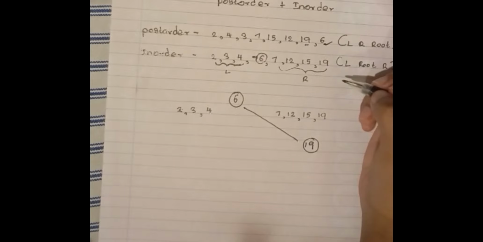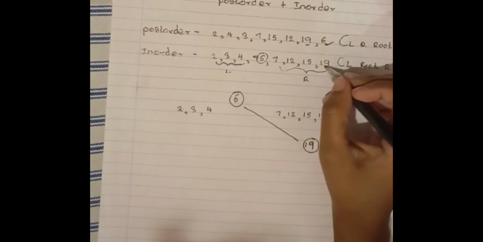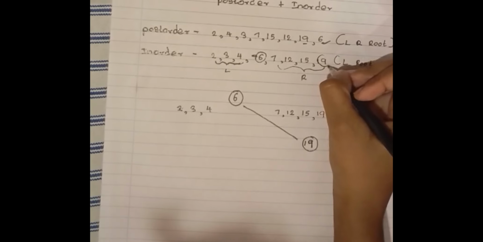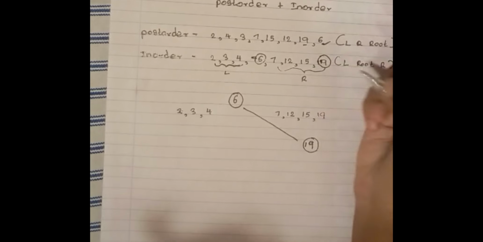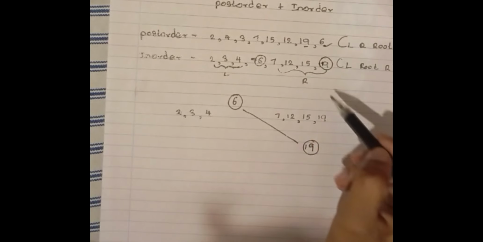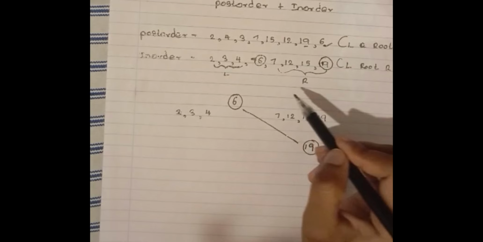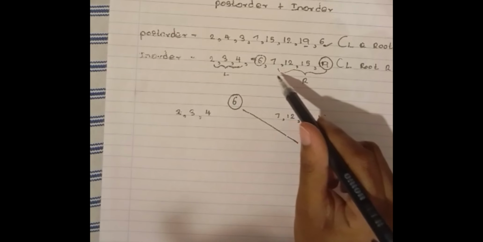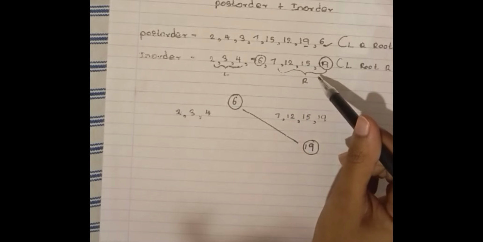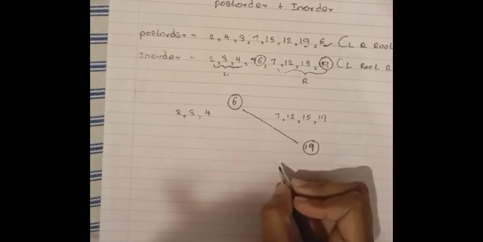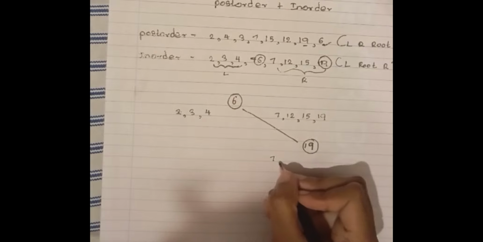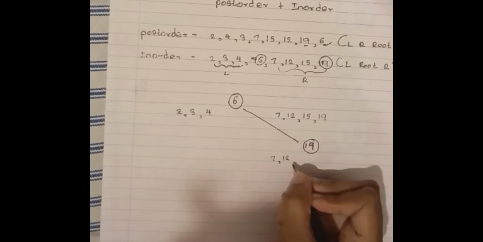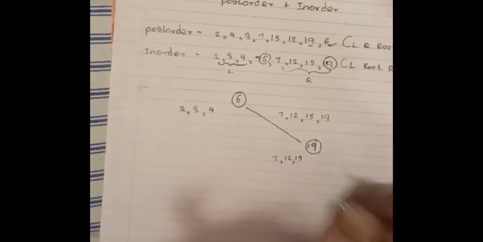So in Inorder, there is the 19. To the left, there is 7, 12, 15. So let's write down 7, 12, 15.